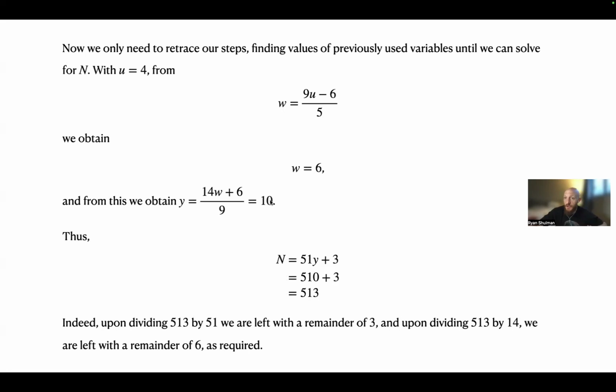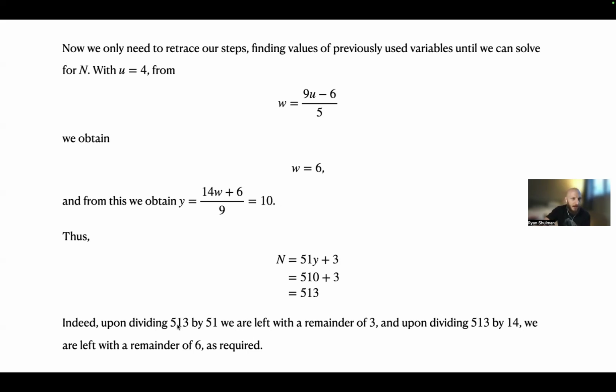And now I'm ready to solve for n. I don't even have to go back and solve for x because I already had n written in terms of y. Now that I have a value for y, I plug that back in: n is equal to 51y + 3. If I plug in y = 10, I get 510 + 3, which is 513.